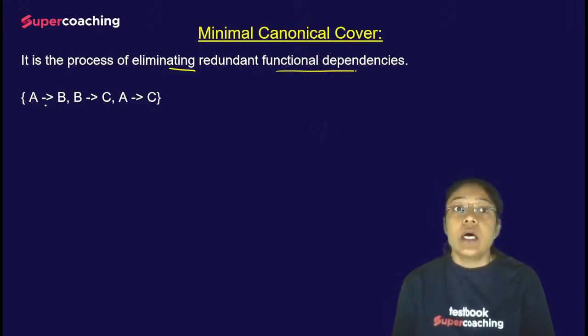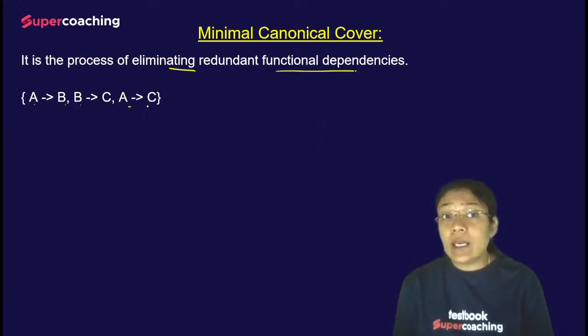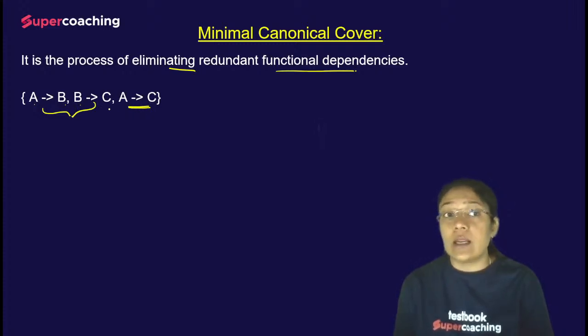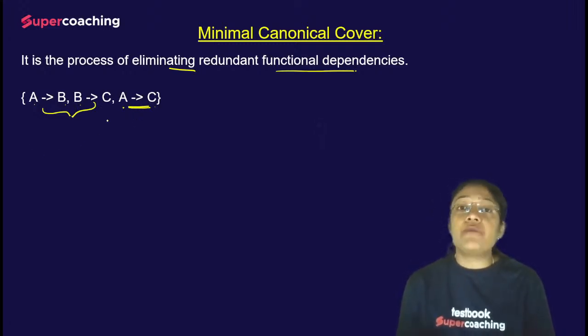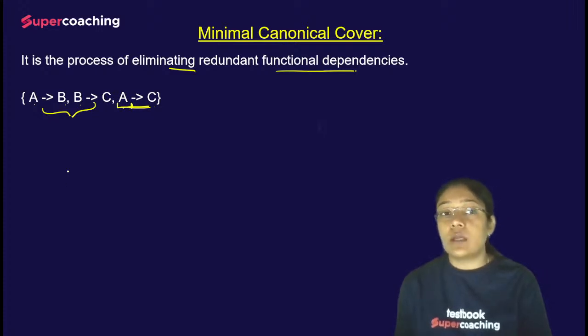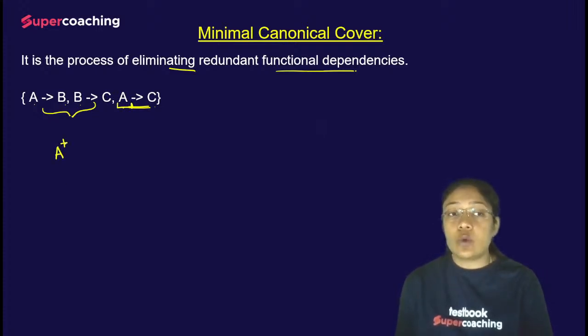For example, here we are given that A determines B and B determines C. So A determines C can be indirectly or logically implied from these two dependencies. We need not include this separately. If I need to check whether there is any functional dependency which is redundant, then for that, whatever attribute is present on the left hand side, just take its closure. A closure: A is determining B, B is determining C. So this means that A determines C is logically implied.